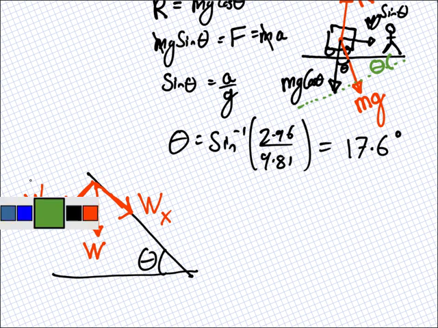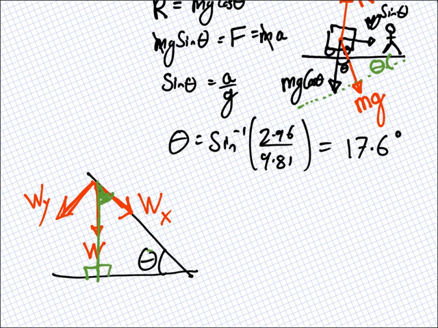So if I make a big triangle here of 90 degrees, that's theta, that's 90. So what would this angle here be? 90 minus theta.